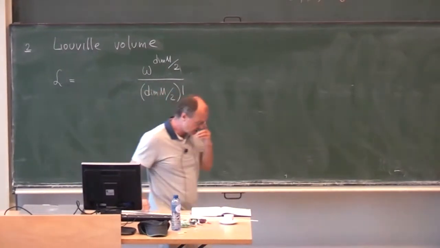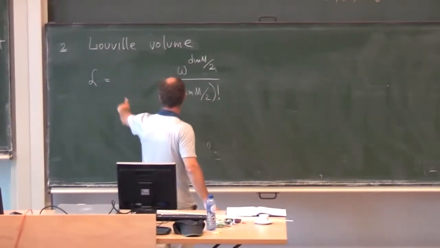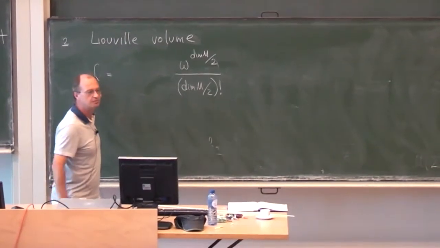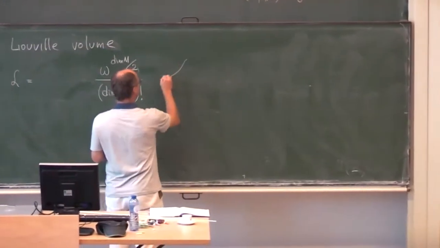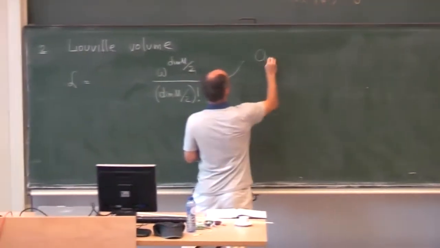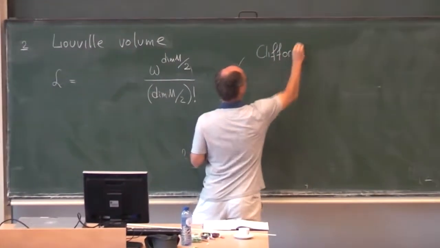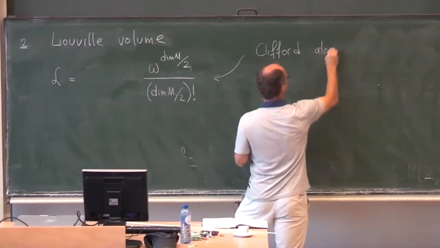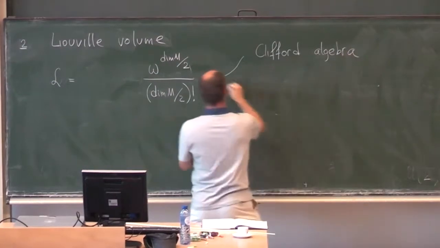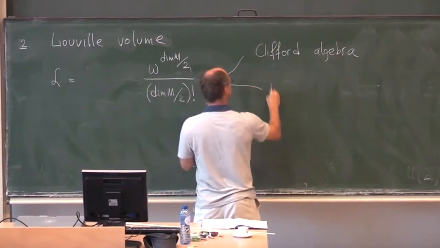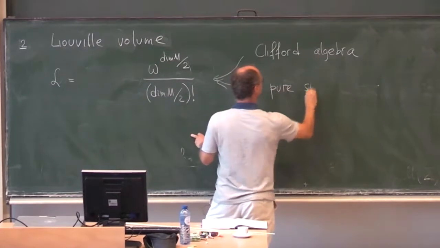Now, in principle, there is a whole beautiful story how to get an expression of this guy from various considerations. Like one of them is a Clifford algebra calculus, or another one is a theory of pure spinors.